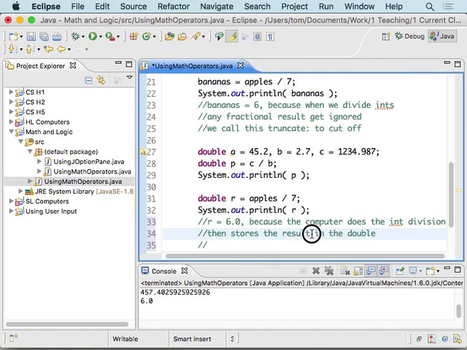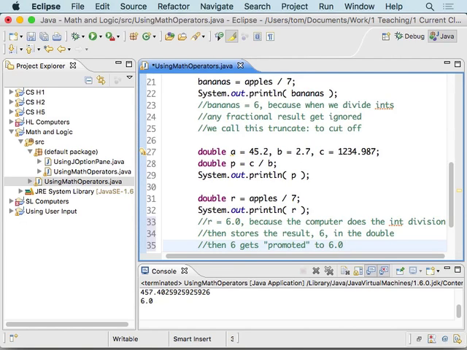Then what happens is it's called promotion. 6 gets promoted to 6.0. We're assuming that doubles are a little bit better than integers, so that's why it's called promotion. We're promoting the value 6 to the double value 6, which is just 6.0.